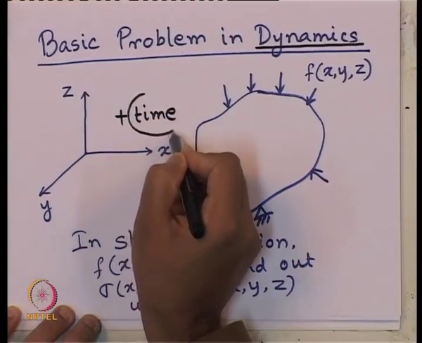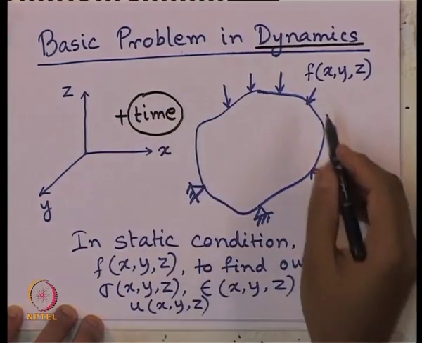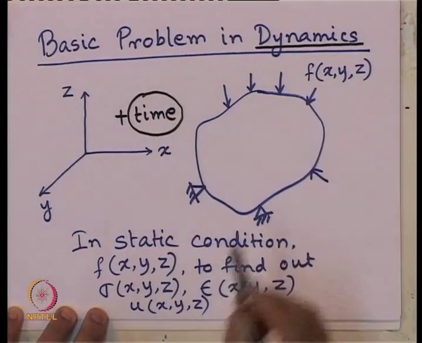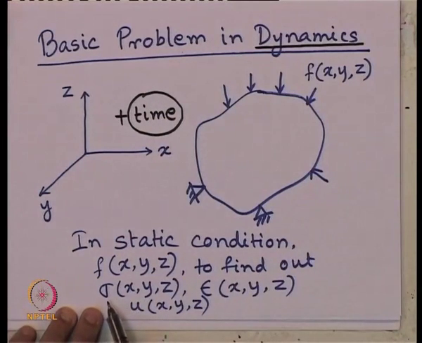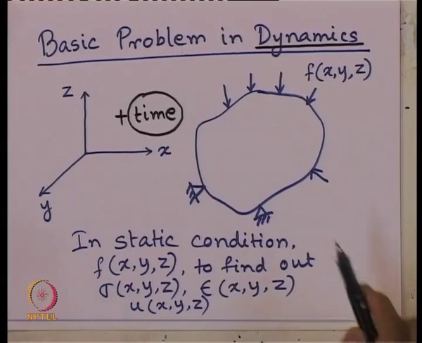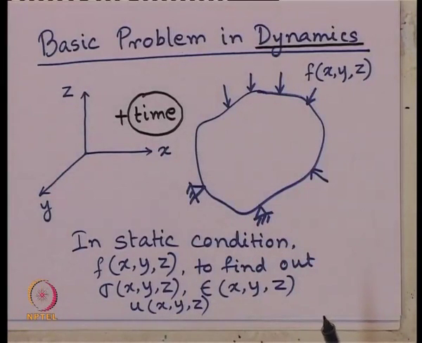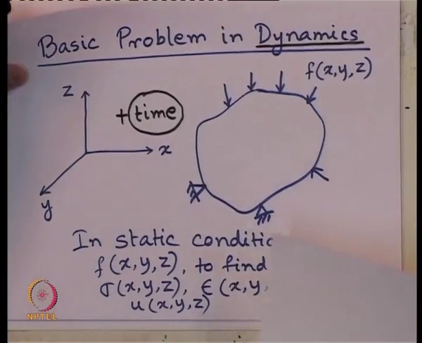So, if all these applied loads and the corresponding results like stresses, strain, displacements are functions of time, then we say that we are dealing with a problem in dynamics.